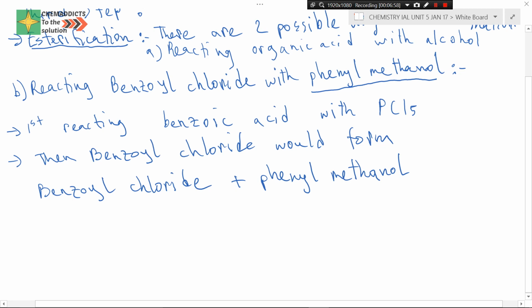If we react benzoyl chloride with phenyl methanol, we're going to get an ester. What's the name of the ester? Benzyl benzoate.